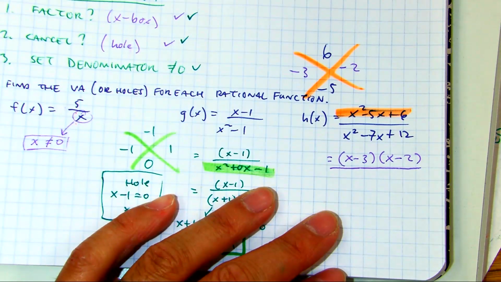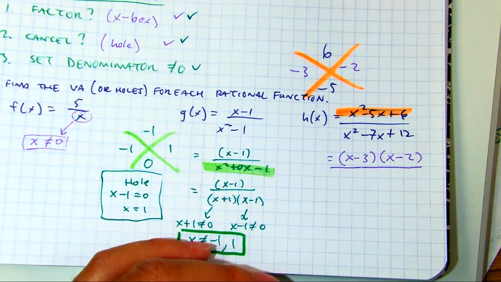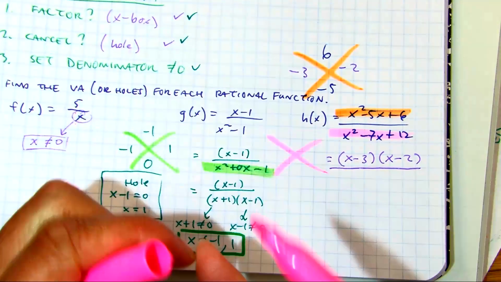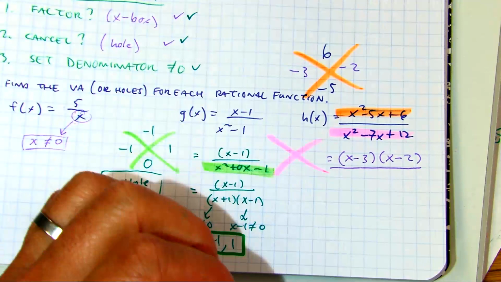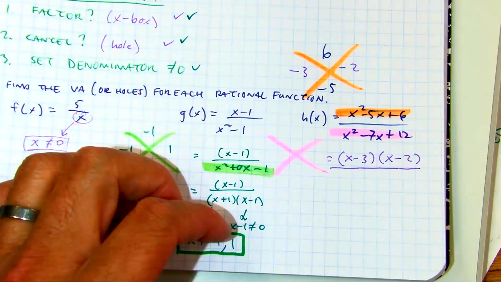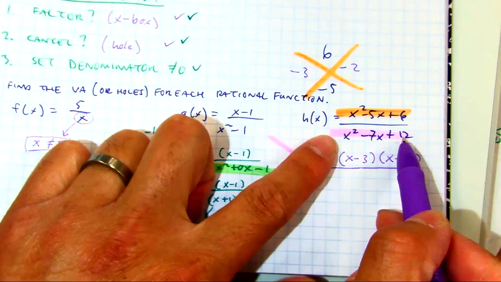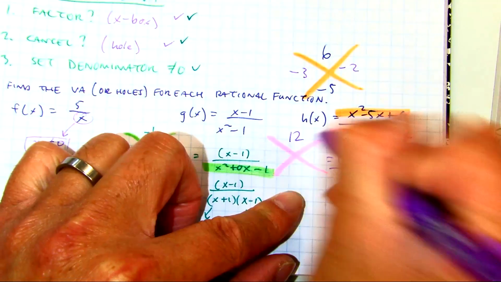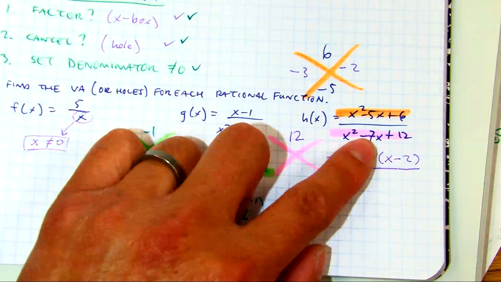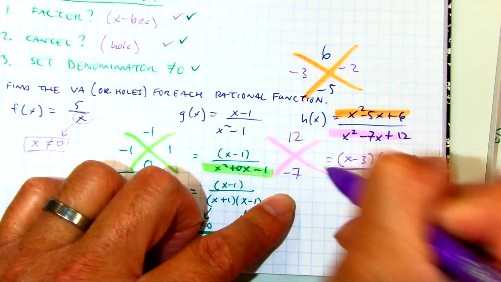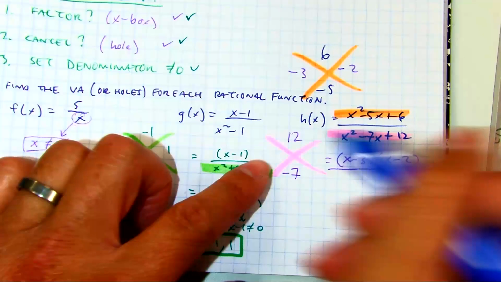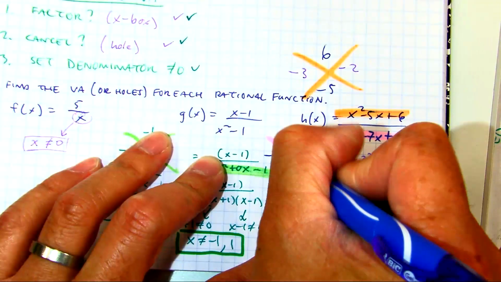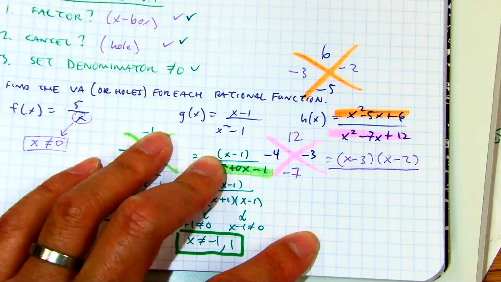Let's do the other one. A times c, 12. My b value, negative 7. Two numbers that multiply to be 12 but add to be negative 7. Look what I'm doing.